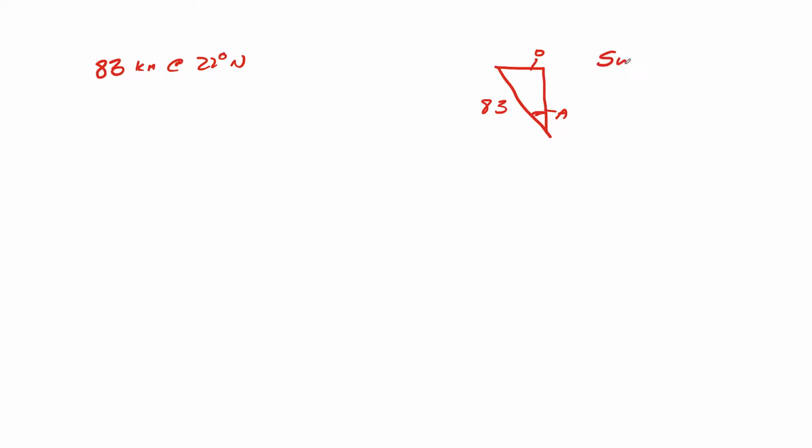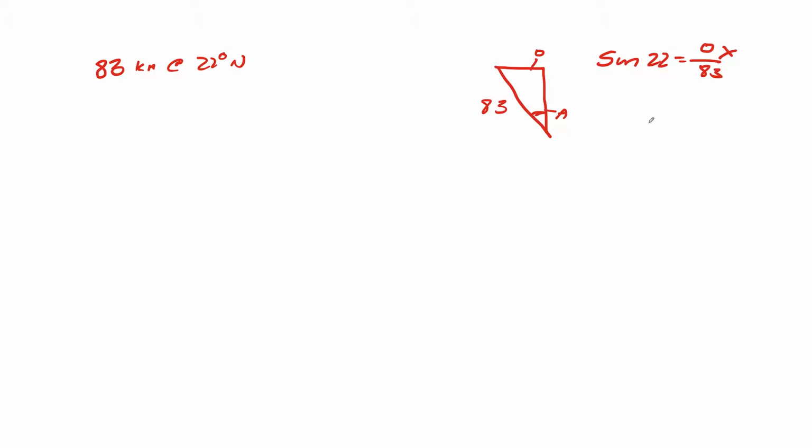So sine of 22 degrees is equal to, let me think, opposite over hypotenuse, where my opposite is going to be the x direction. I want to make sure that's correct, because even I get this mixed up. Let me check. Yeah, it is the opposite. Oh, thank God. I remember something.